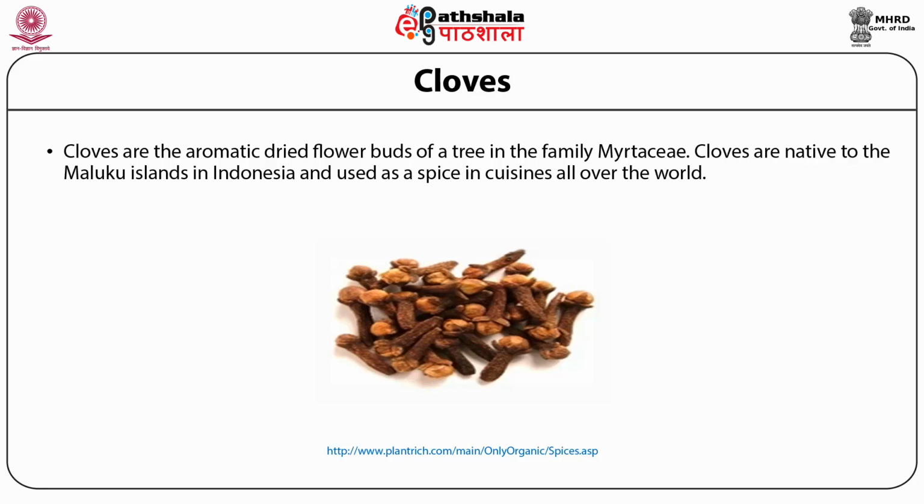Useful part is fragrant, unopened flower buds, sun-dried whole or ground. Volatile oil is eugenol, and culinary uses include as an ingredient in garam masala, flavoring to curries, meat and rice dishes, and tea, commonly known as chai.